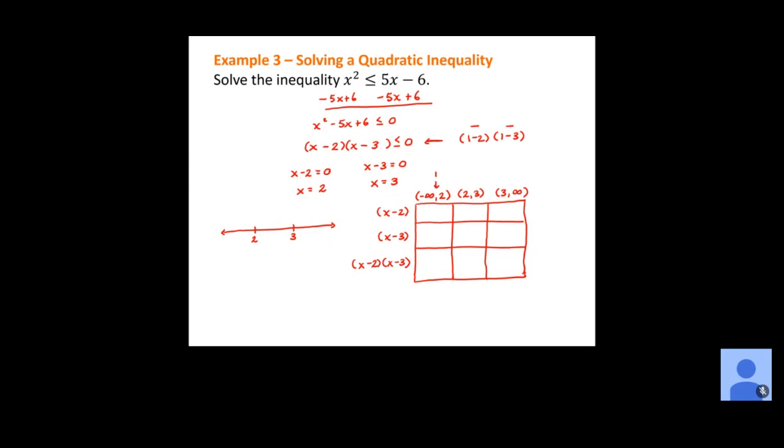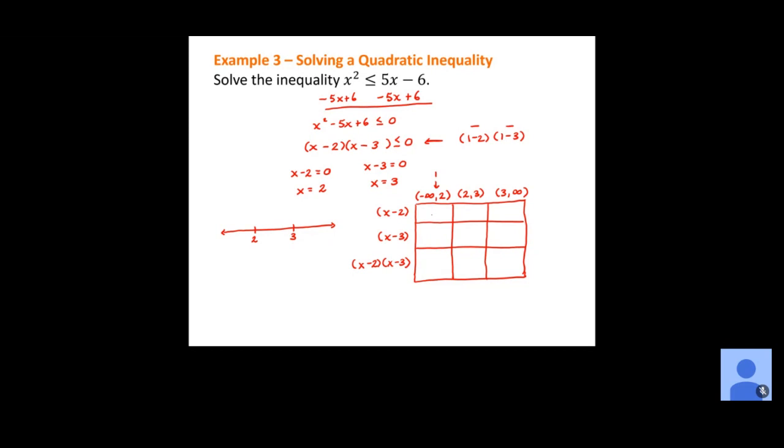How many negatives do we have? Is 2 an even number or an odd number? And so if it's even number of negatives, we know that overall this should be what? Positive or negative? It's going to be positive, right? And so that tells me that everything in this interval here, well, sorry, should have listed it out in the table, right?